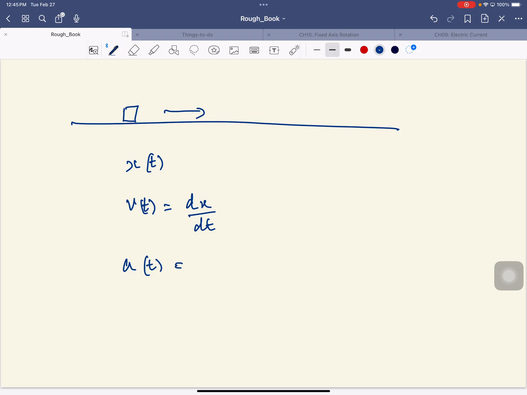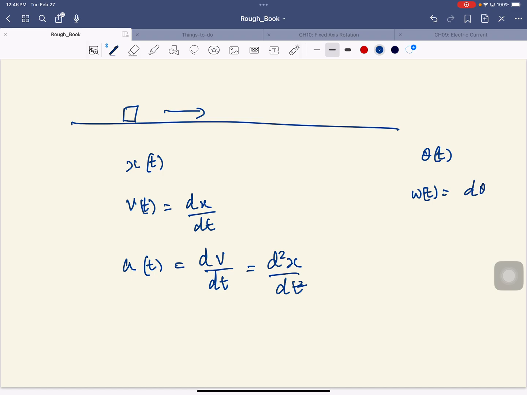Acceleration was dv by dt, d square x by dt square. You'll have the exact same parallel. So you'll see exactly the same formulas. So motion will be described by the angular position as a function of time. We'll define angular velocity, which will be what?